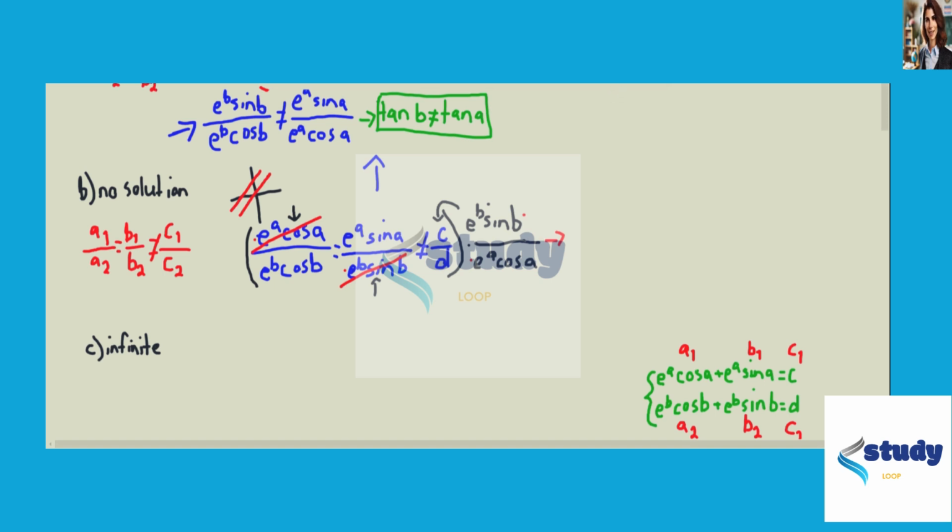So our final answer is going to be tangent of b equals tangent of a, but these cannot equal c multiplied by e to the power of b multiplied by sine of b divided by d multiplied by e to the power of a multiplied by cosine of a.